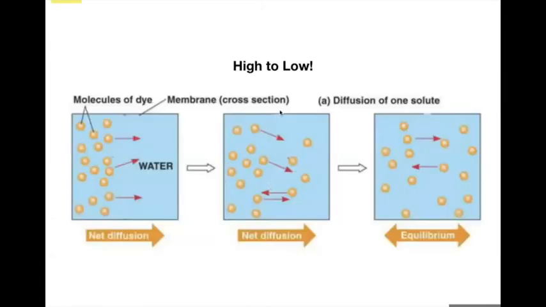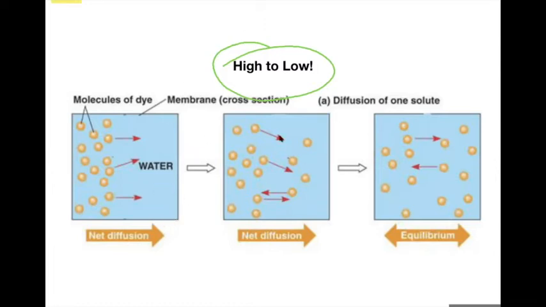All right, so the thing you want to remember out of all this is a big concept, one of the major concepts in physiology: things move from a high to a low concentration. They move from high blood pressure to low blood pressure.